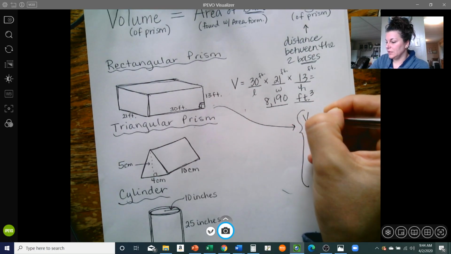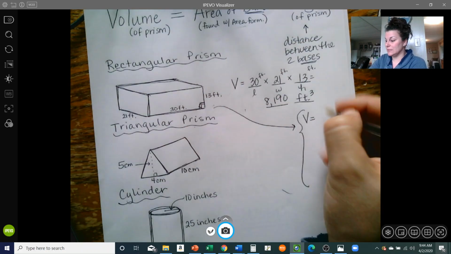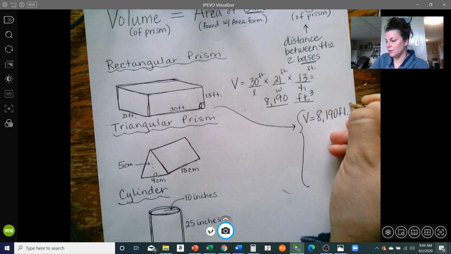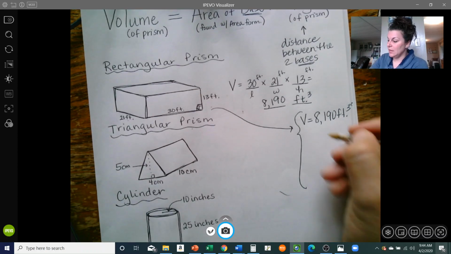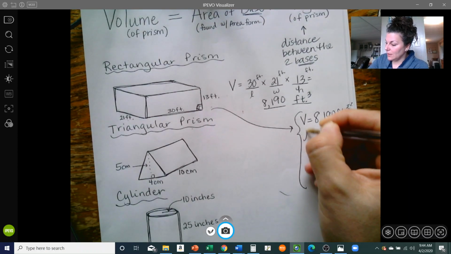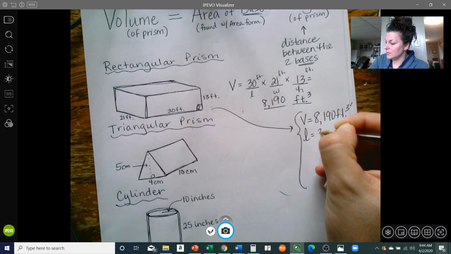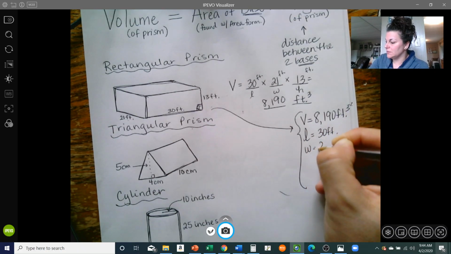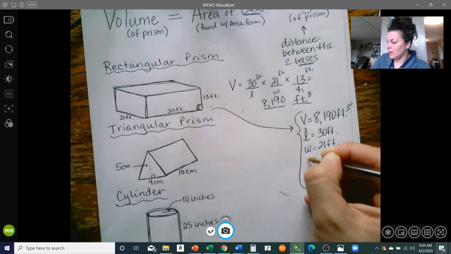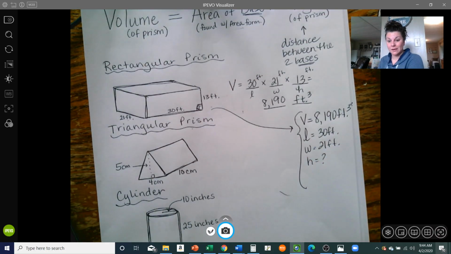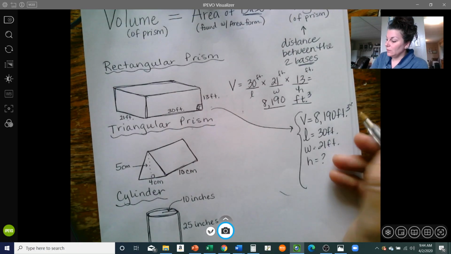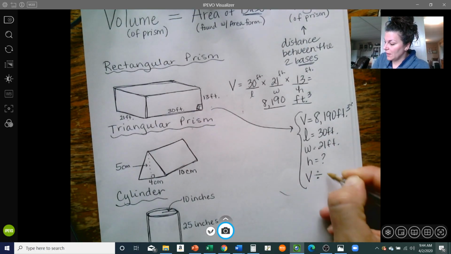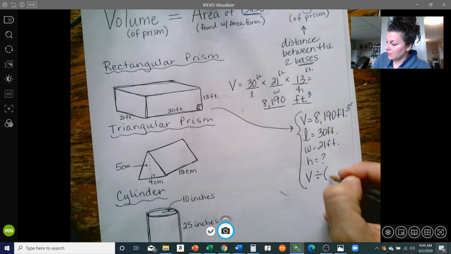So if I tell you that the volume of a box is 8,190 cubic feet, and I tell you that the length of the box is 30 feet and the width of the box is 21 feet, and I ask you to find the height, you're going to take the volume and you're going to divide it by the length times the width.